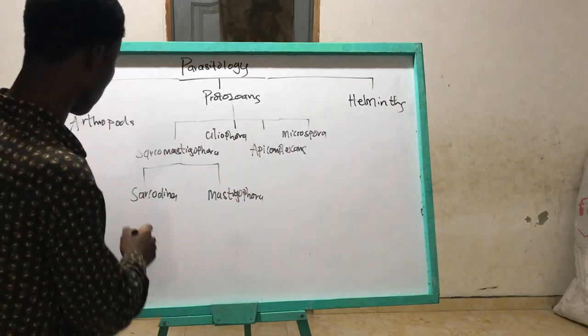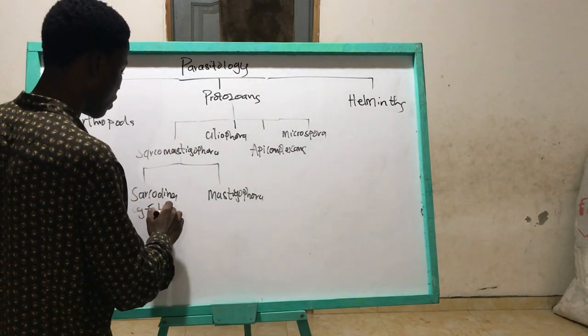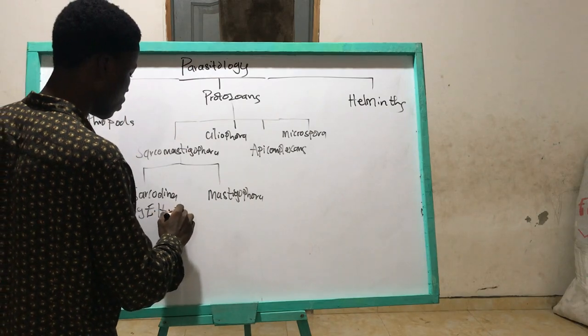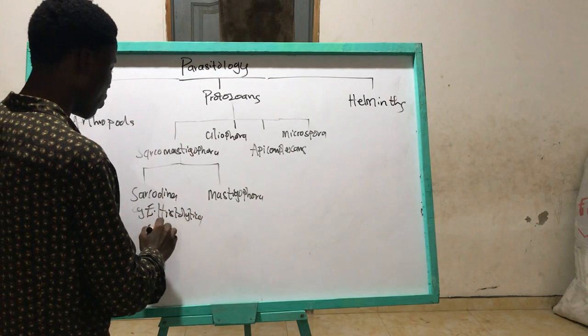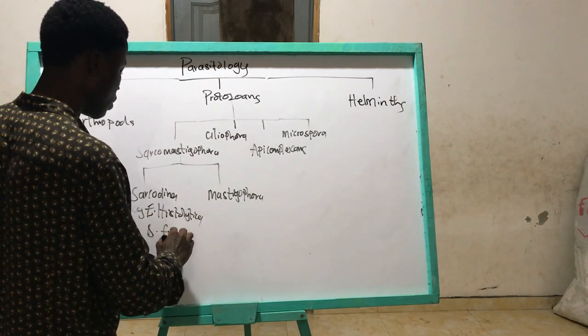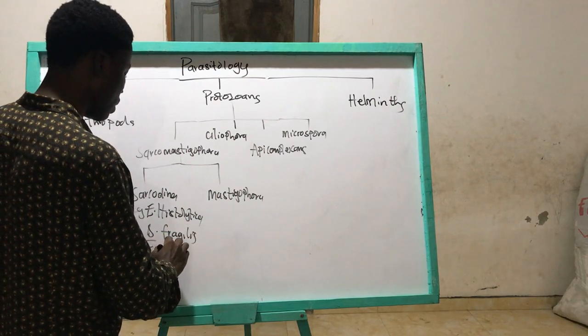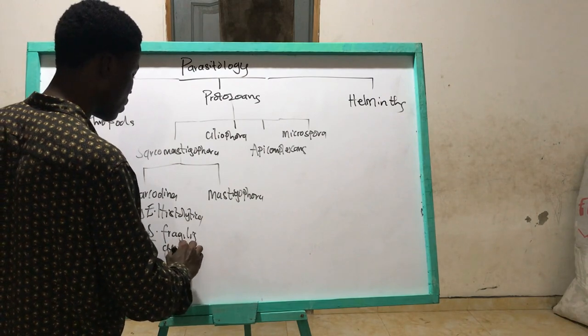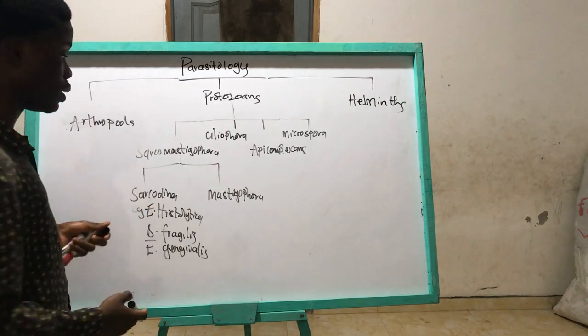We have examples such as Entamoeba histolytica, Dientamoeba fragilis, and Entamoeba gingivalis. That will be under Sarcodina.